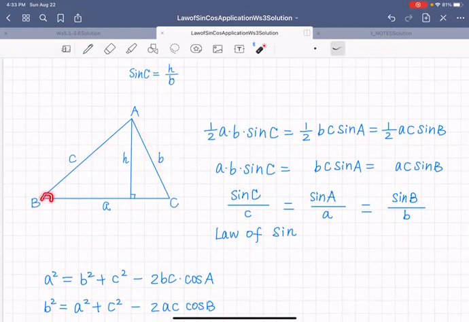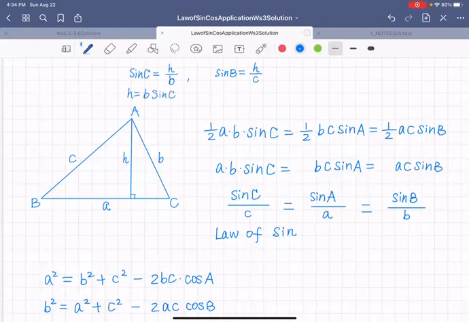In this right triangle on the left, sine B is H over C. Now, H will be B times sine C, correct? H will also be C times sine B, correct?